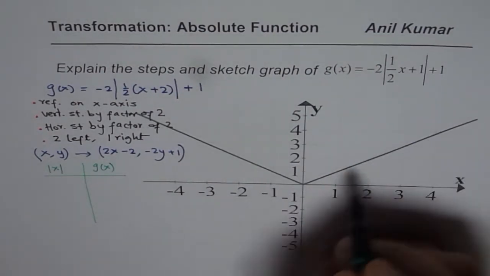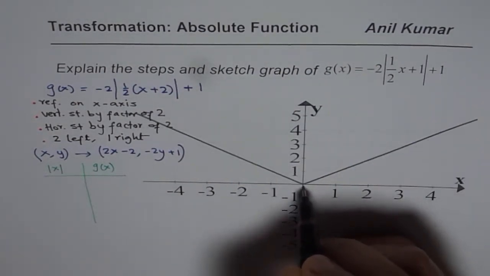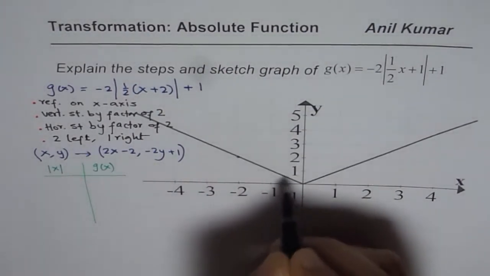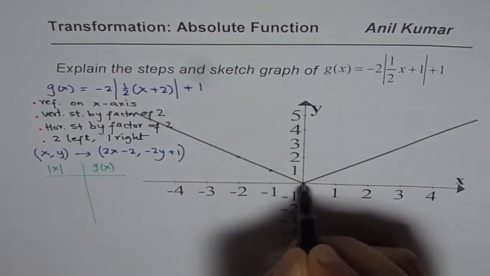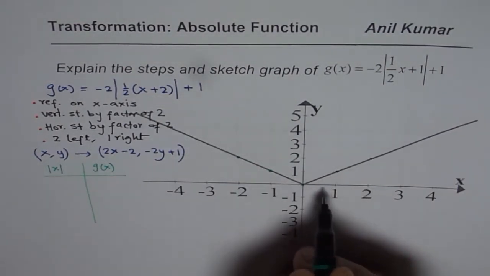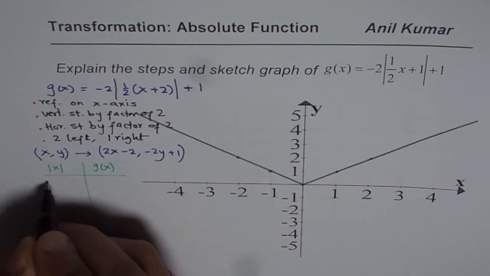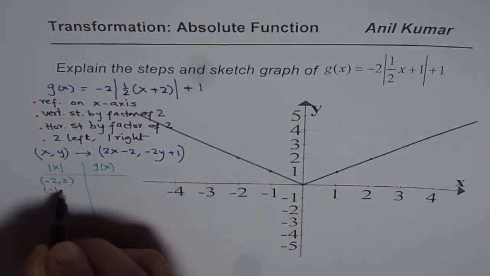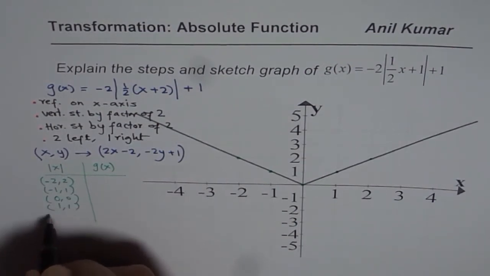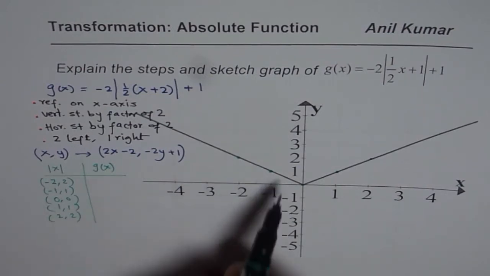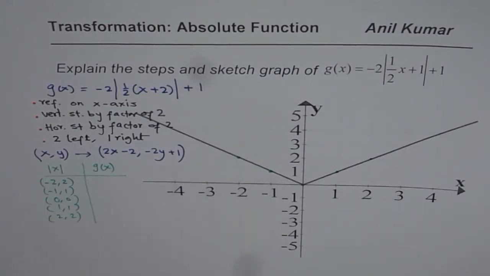In the absolute function, good points to take are these, and we'll work with these 5 points: minus 2, 2; minus 1, 1; 0, 0; 1, 1; and 2, 2. These are the points on the original parent function.